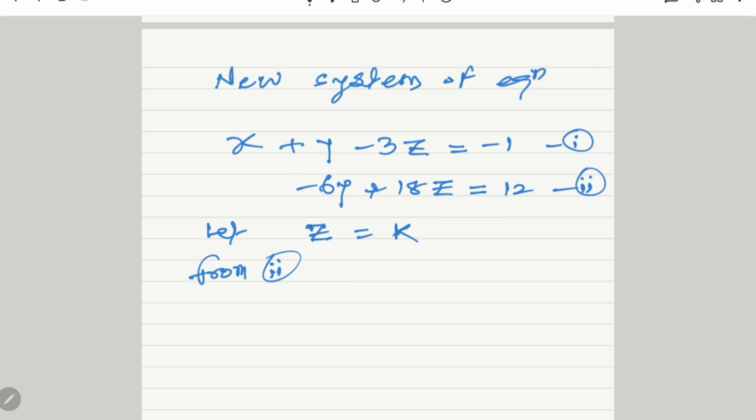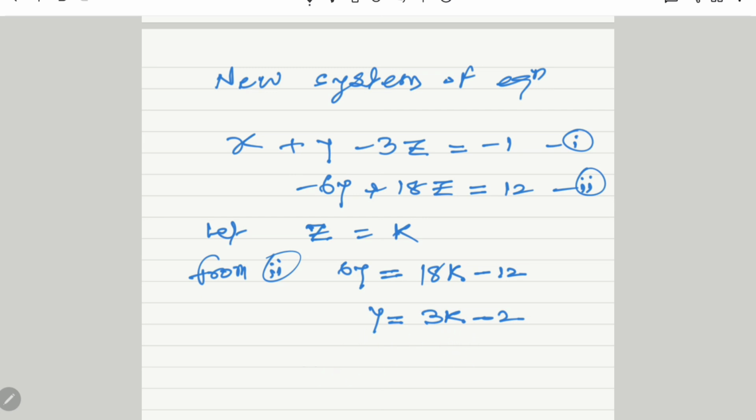We transfer to other side, it become plus 6y as 18z, but z is k, and minus 12. And therefore y is equals to, dividing by 6, we get 3k minus 2.